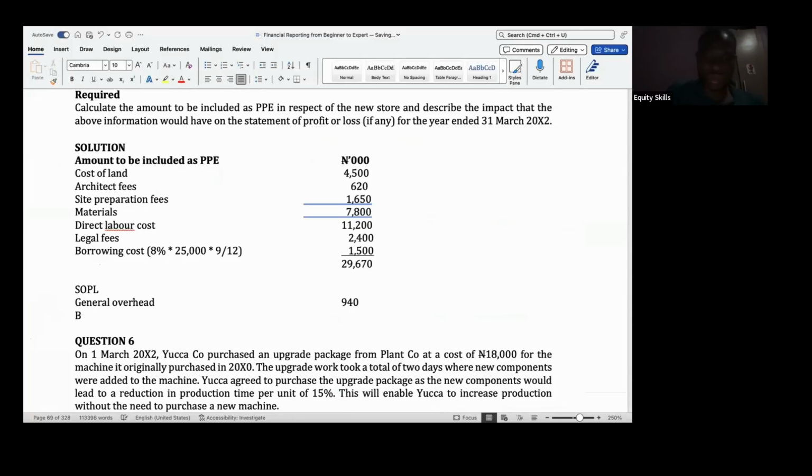Number two is the borrowing costs for the period where the asset was already ready, which is 8% times 25,000 times the remaining 3 months. Since 9 months was the period of construction, for the remaining 3 months of the year, whatever interest we are still paying at that period will be expensed.